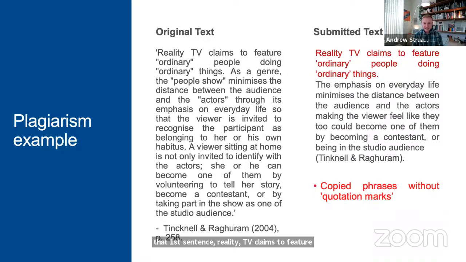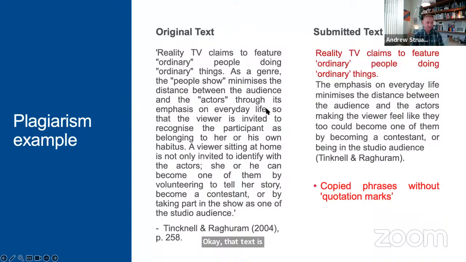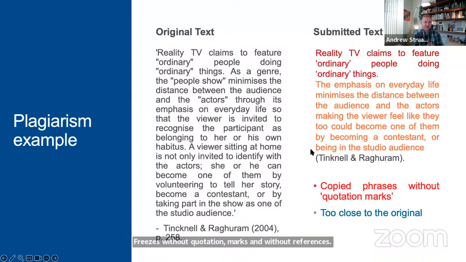Okay, that text is lifted exactly and identically from that first sentence of my original text, and I haven't quoted it, and I haven't acknowledged it immediately. Okay, so immediately plagiarism because I'm copying phrases without quotation marks and without references. Second one is this, the rest of the paragraph here is really too close to the original.